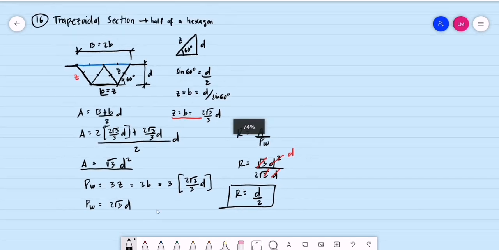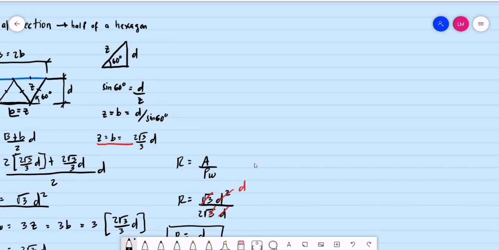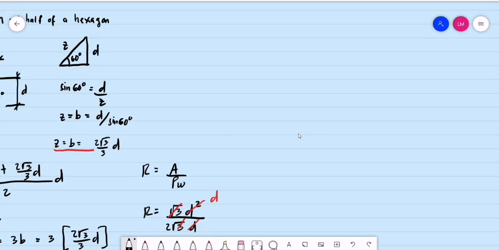So we are now computing for the depth of flow for the most efficient trapezoidal section. We have the discharge equal to area times velocity. Velocity by Manning's is 1 over n, hydraulic radius raised to 2 over 3, hydraulic slope raised to 1/2.